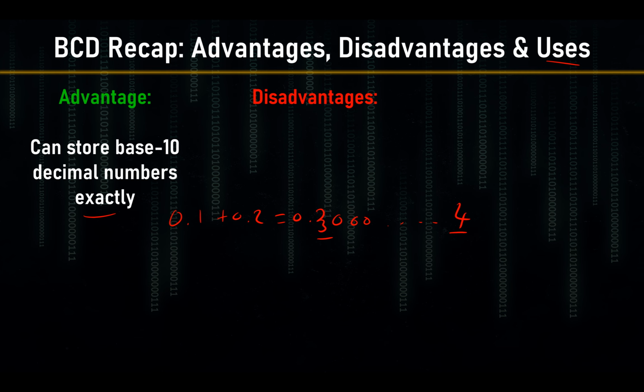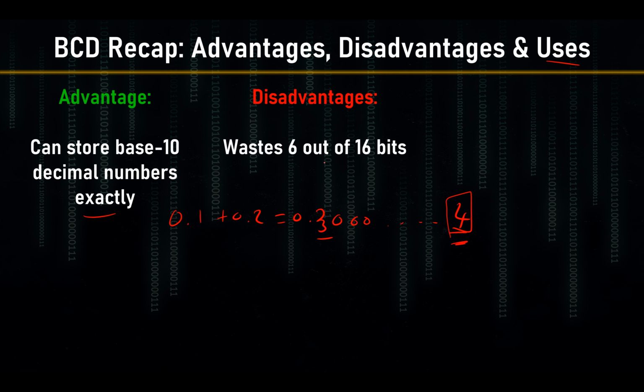If someone makes a financial transaction, they're going to want the exact money to appear in their account. Obviously, if this was a deposit, the user would be happy because they've got a little bit more money. But if they were making a payment and had to pay a little bit more, then they're not going to be too happy.